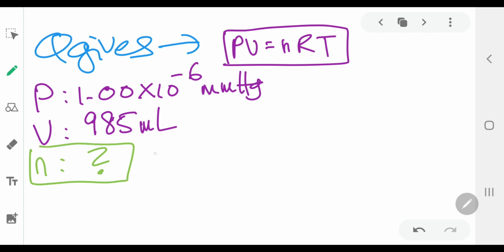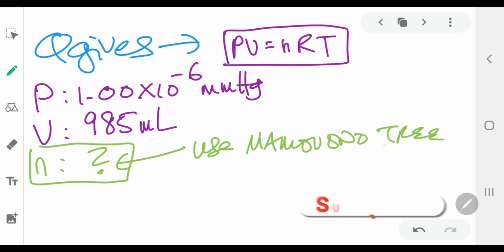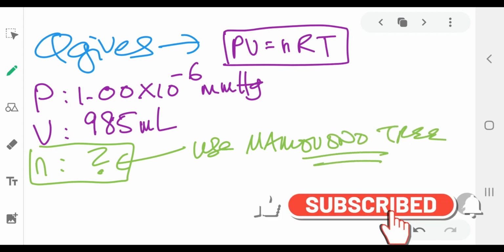When we can find this, we can use the Ma-Mo-Vono tree to work out how many N2 molecules are in the sample.